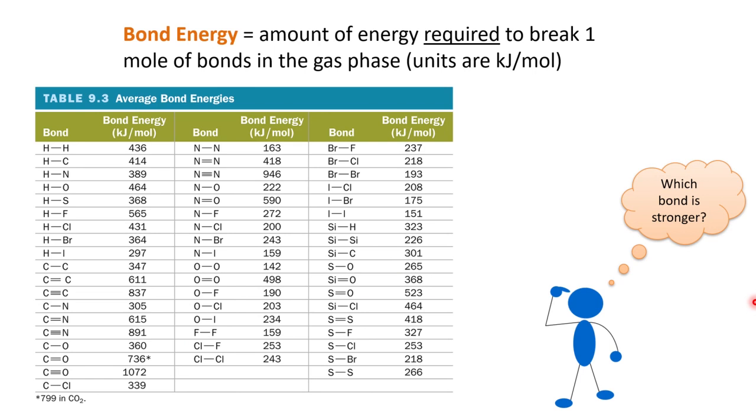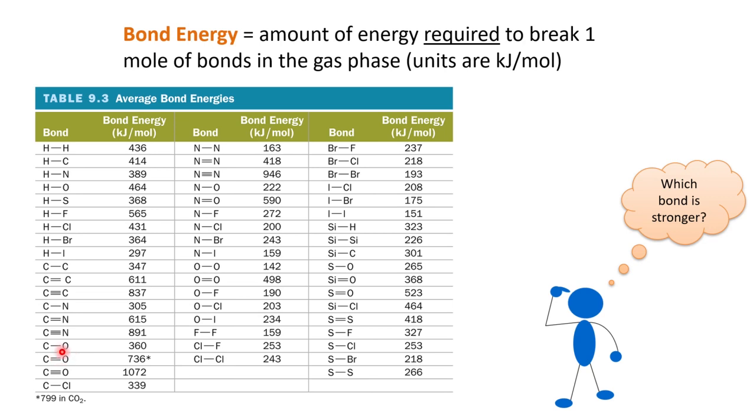So when we're talking about the amount of energy required to break 1 mole of bonds in the gas phase, we've got these bond energies here, and I want to point something out. Here you have that CO double bond, and you'll notice that it says 736. And then down here in that asterisk, 799 in carbon dioxide. So right away you can tell that these bond energies are not always consistent.